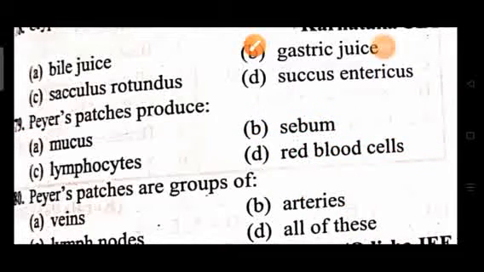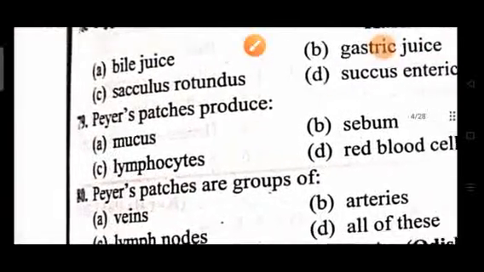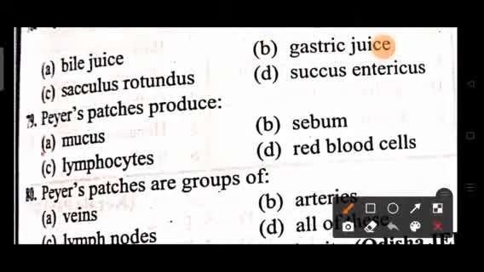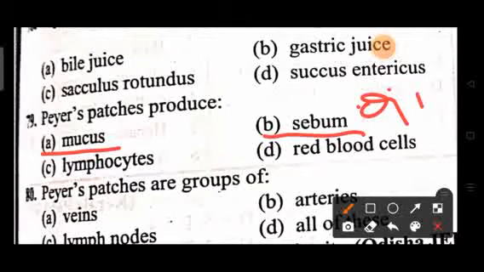Mucus is produced by other components. Sebum means fat, and oil is produced by oil glands. Mucus is produced by goblet cells, as we have already discussed, and red blood cells are produced by the bone marrow.